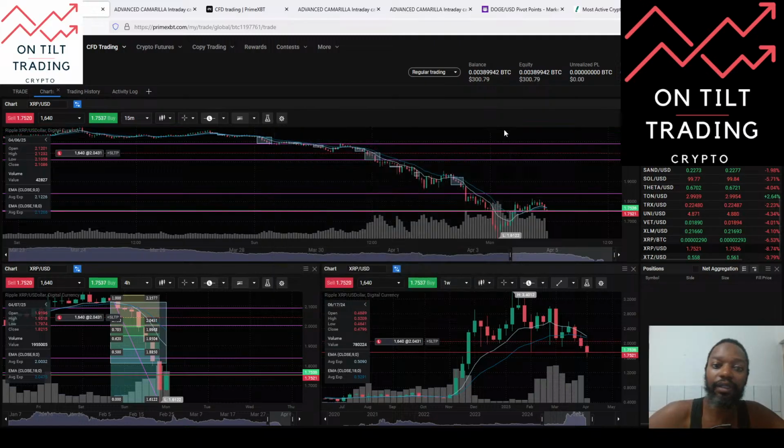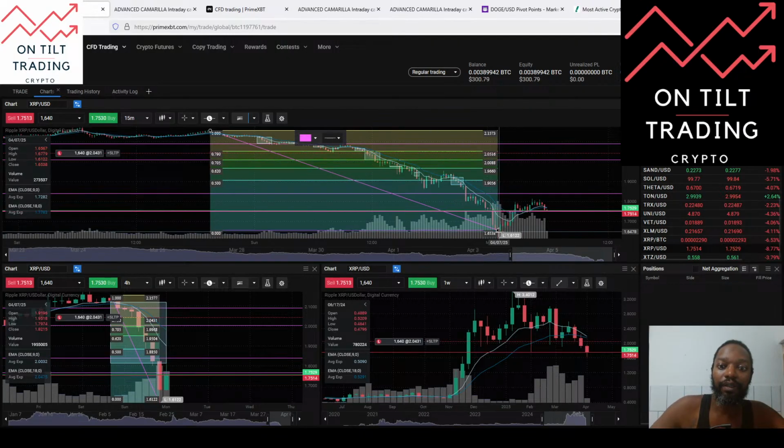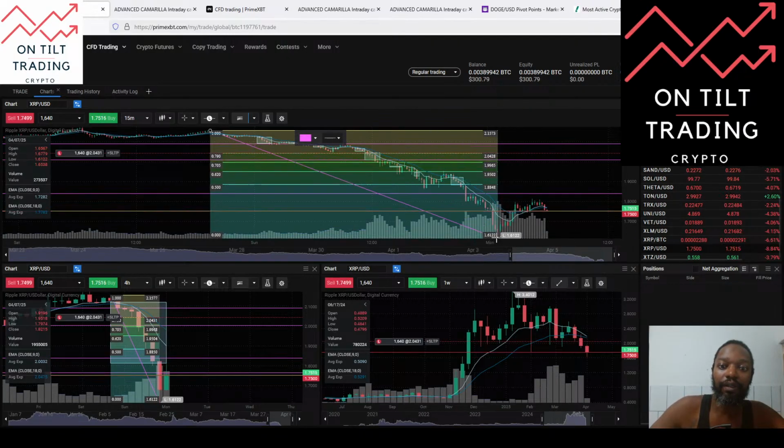And then next up, we'll have a look at Dogecoin. Let's put this Fibonacci retracement back up. Let's have a look at Dogecoin.